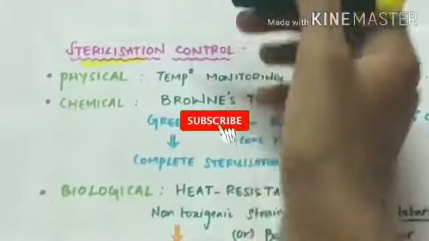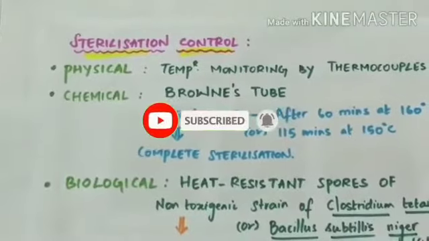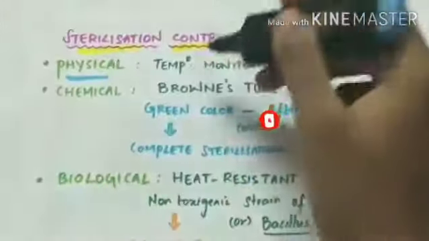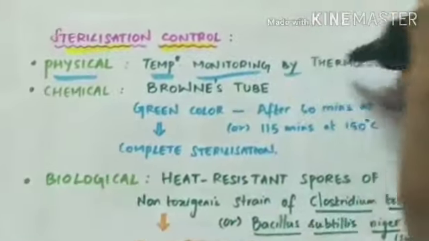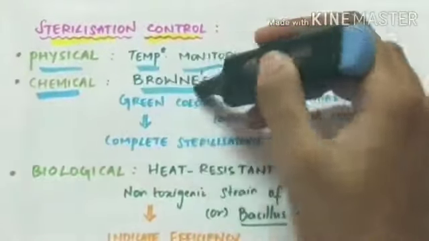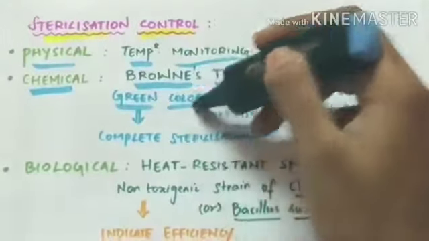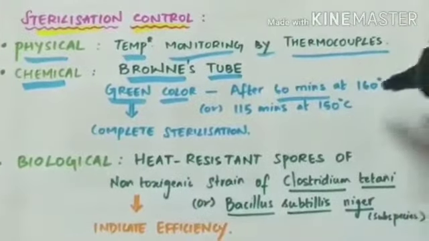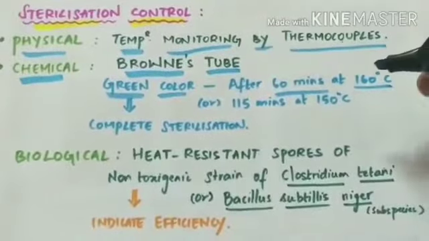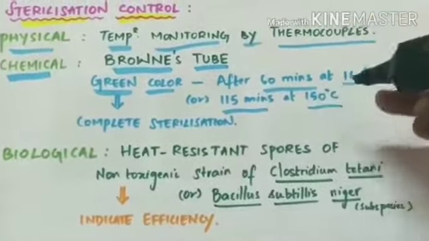The sterilization control for hot air oven. Physical: temperature monitoring by thermocouples. Chemical is using a Brown's tube. Green color is produced after 60 minutes at 160 degrees Celsius or 115 minutes at 150 degrees Celsius.